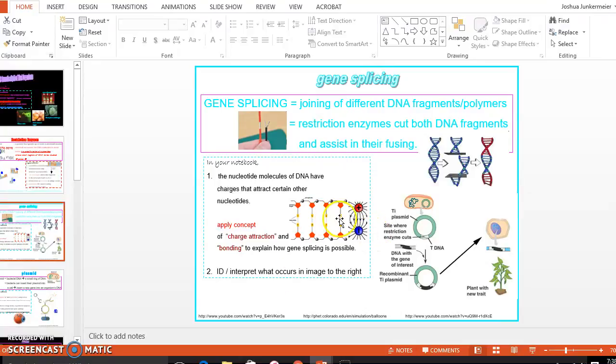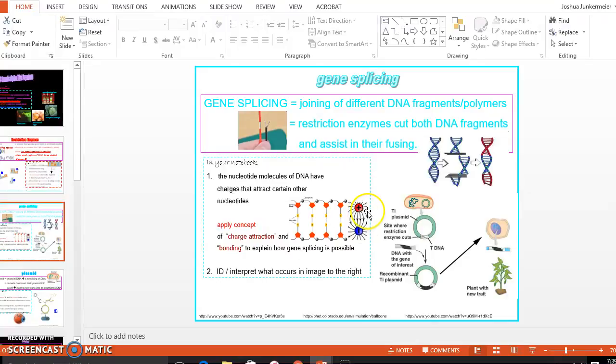And so what you need to do is study the photo and think of what might be the charges of the ends of this DNA piece right here that allows it to attract and bond to another piece of DNA from another organism or species up top here. So what is happening between the edges where they bond together that allows that to happen, right? It's just wanting you to think about, on the molecular level, what is needed to make a chemical bond, and that is these attractions.